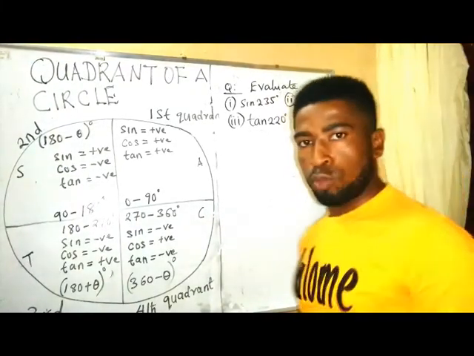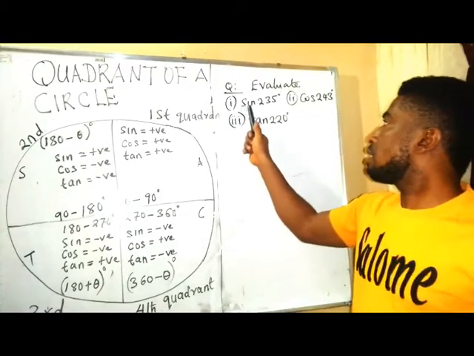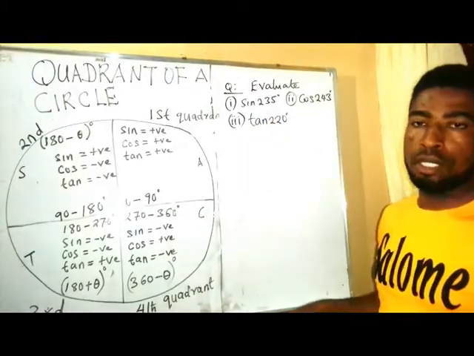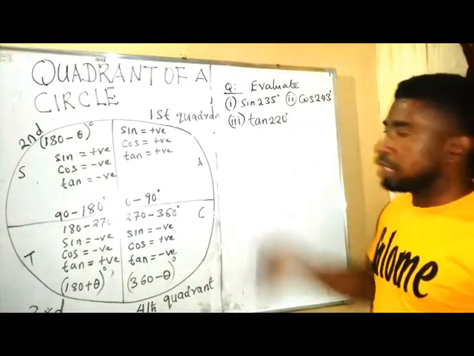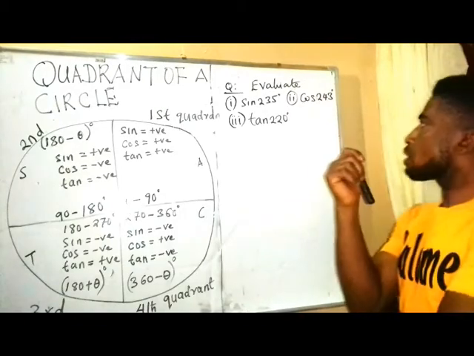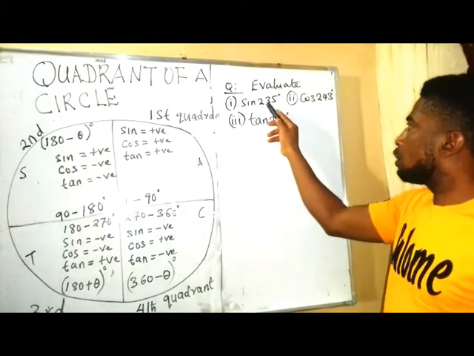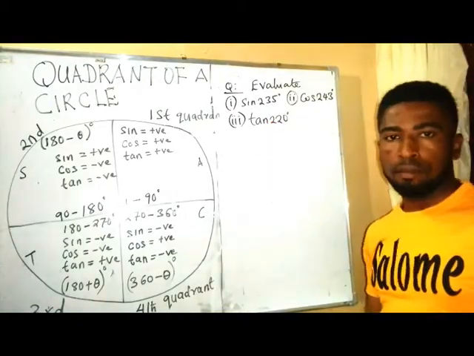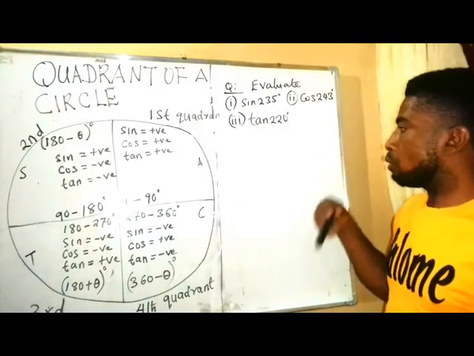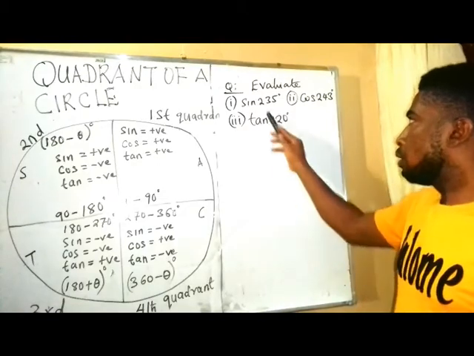Now we take a look at this question. Sin 235 degree is equal to dash. So let us evaluate the following angle. Now, step 1. Ask yourself, what we have here is 235 degree. What range of angle does it fall in?